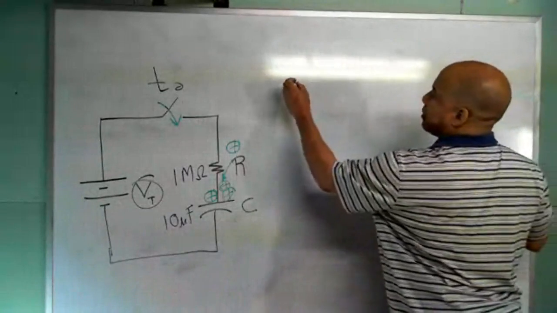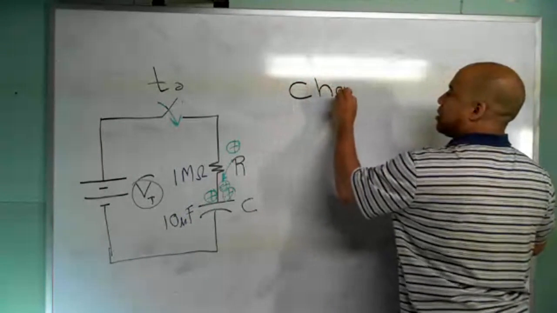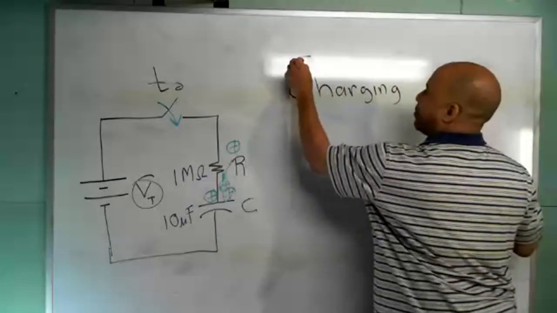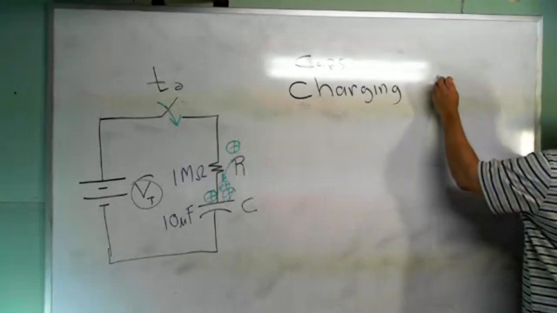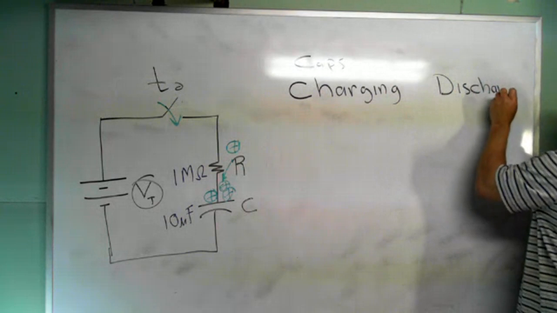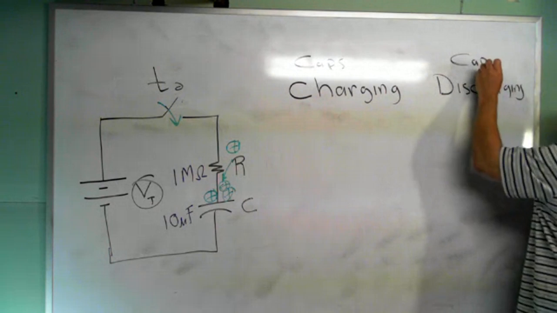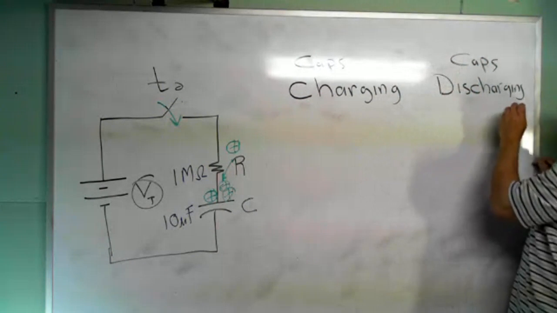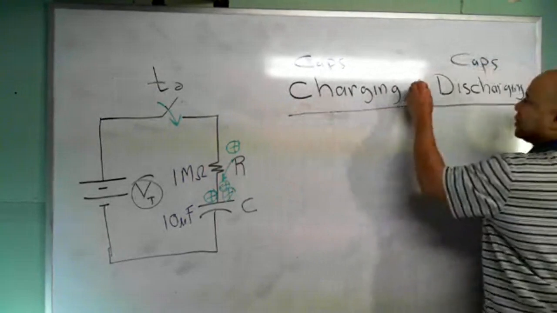One is for capacitors charging, and I got capacitors discharging. I don't know if you can see up there, it might be some glare. It says caps discharging. And so I got 2 sets of equations.